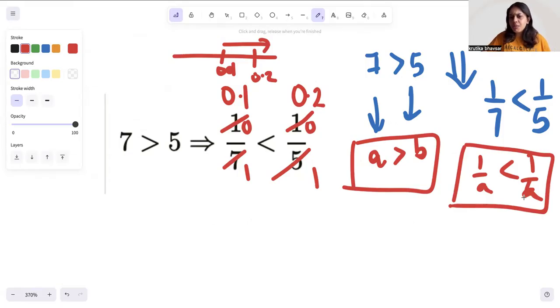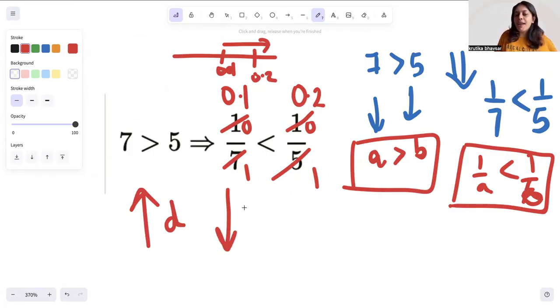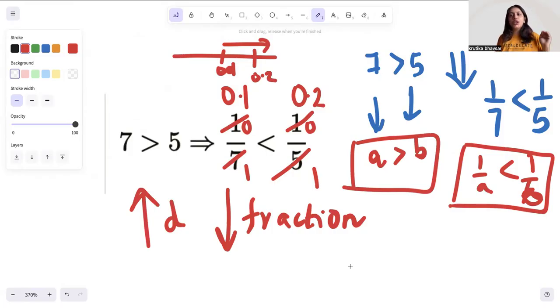Another way that we can remember this result is: the greater the denominator, the lesser the value of the fraction. This is a very important result that you're going to need for all the types of questions where fractions are involved.